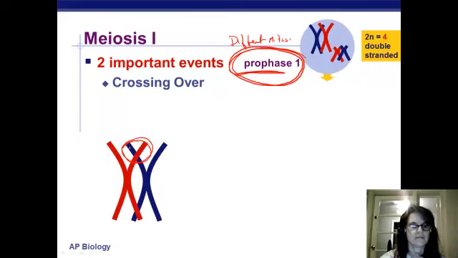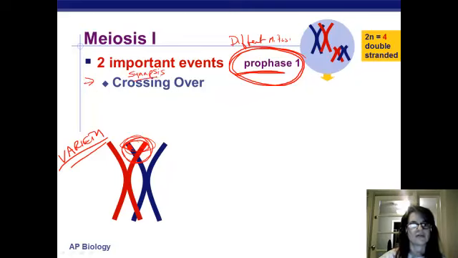Perhaps a bit of this dad's chromosome in blue would pop off and cling to mom's, and mom's chromosome would cling to dad's, and they would swap bits of genetic material. Why? Because that makes the chromosomes different, and that means variety. This is another way to create variety, crossing over. It is also called synapsis.